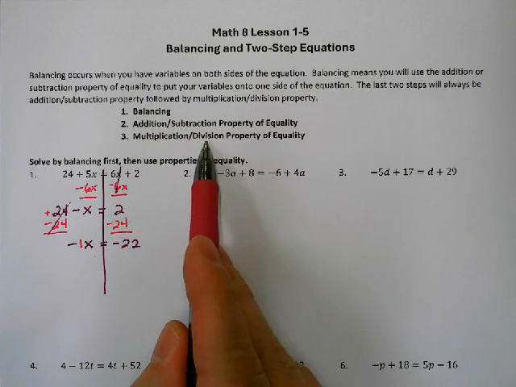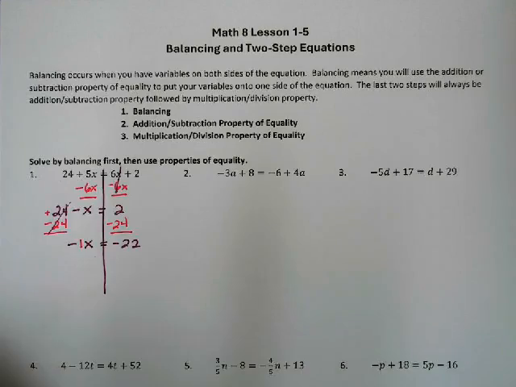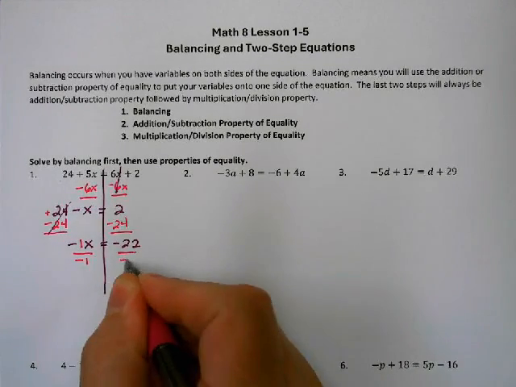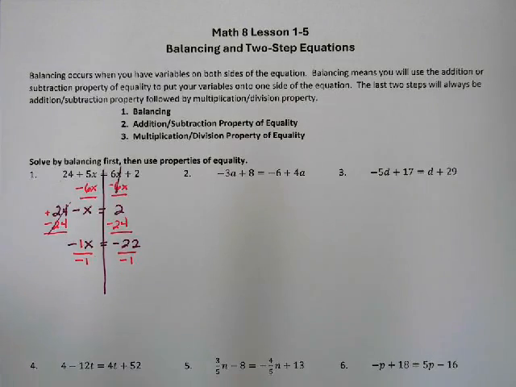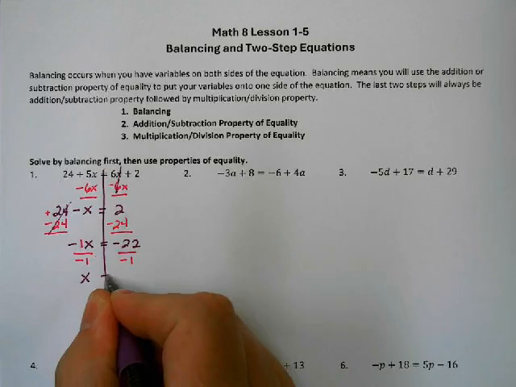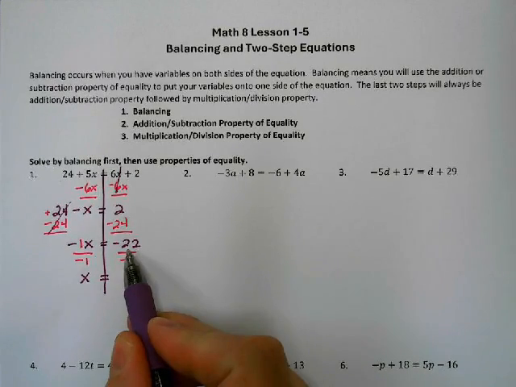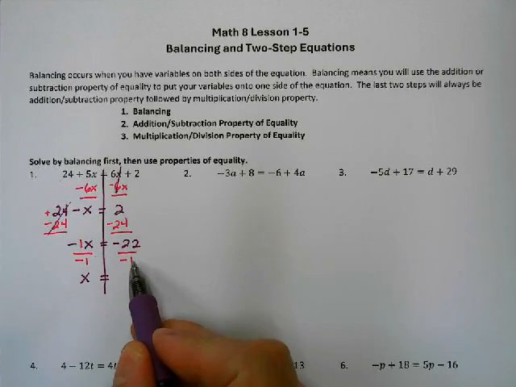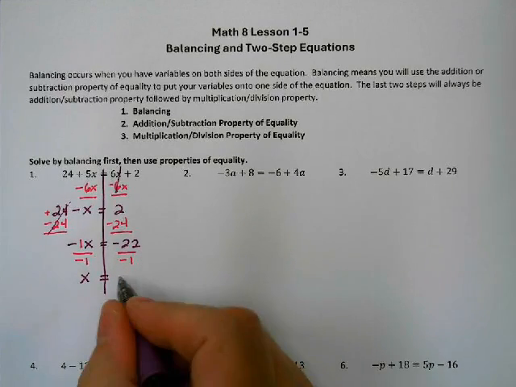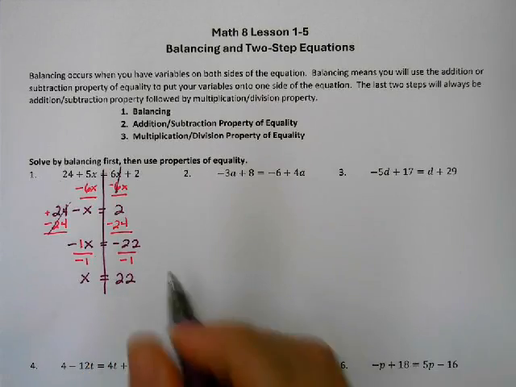So now I'm going to use the division property of equality and divide both sides by negative 1. Okay, so these reduce and make a 1 over there. So that's 1x or just x. Over here, we've got 22 divided by 1. That's still 22. But then a negative divided by negative is a positive. So our final answer is 22. Done.